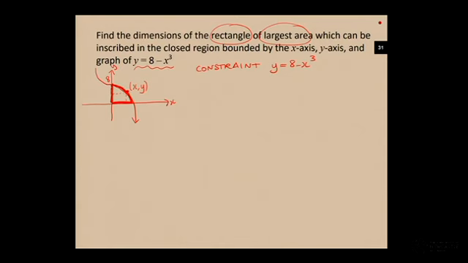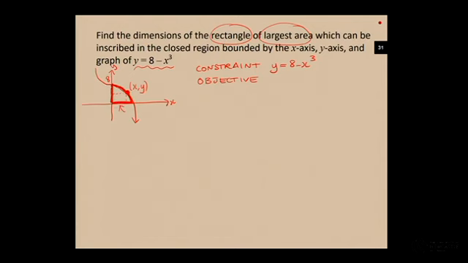What is it that we are trying to get to? What's our objective? To have a rectangle with a maximum area. Have a look at that rectangle you've drawn. What would you put? Remember that to get to this point, you go x across and y up. So what are the dimensions of that rectangle?